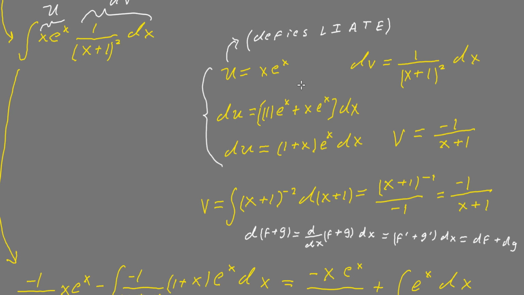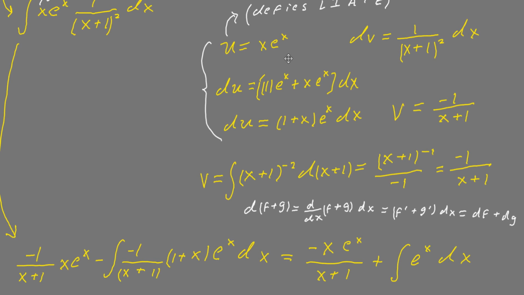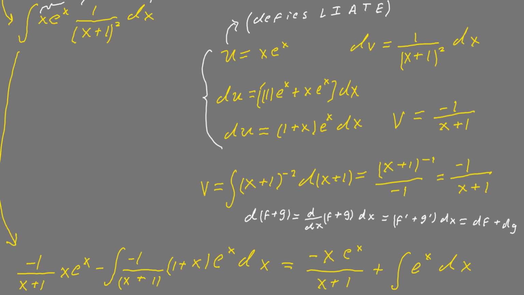So the integration by parts formula again tells you that the original integral is equal to u times v minus the integral of v du.